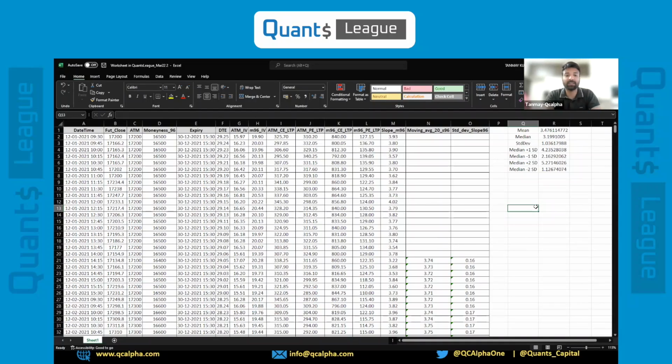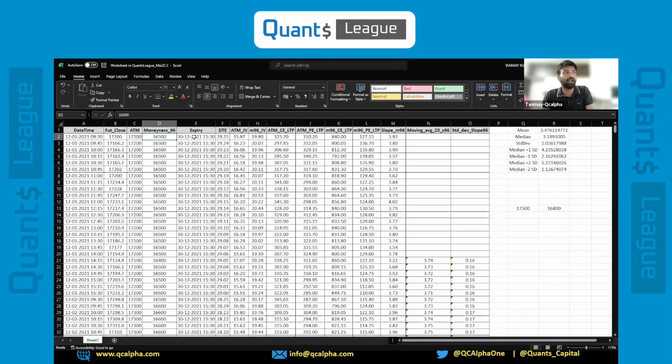So let's suppose we are trading at 17,500. What is my 4% right now? About 16,800. So my 96 moneyness strike would be 16,800. Similarly, if 17,200 is the ATM, then 16,500 is my 96 moneyness.